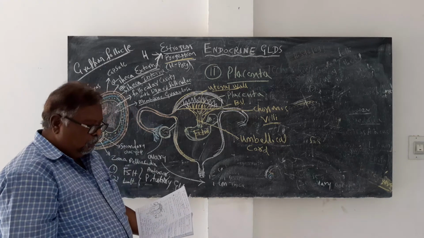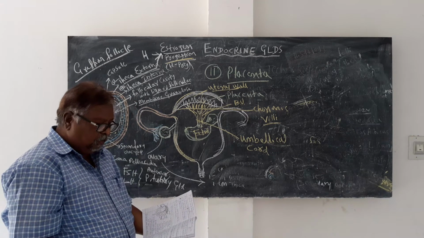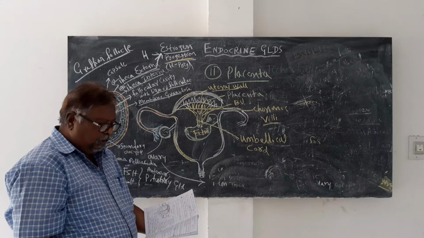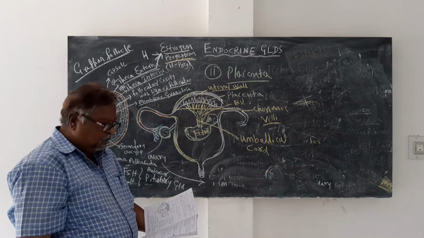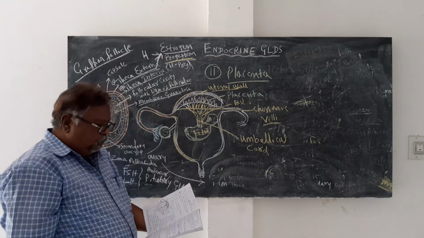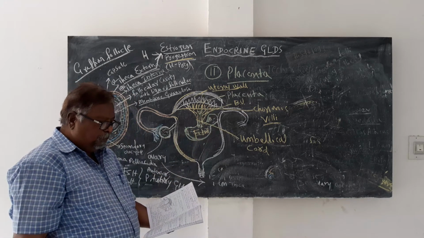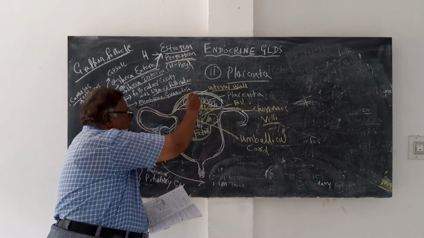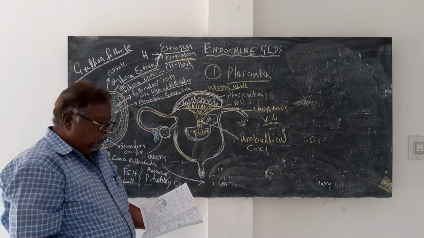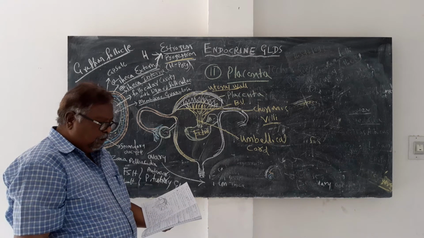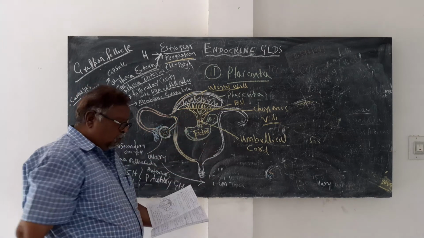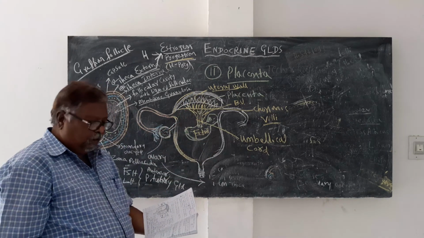All these make up the fetal placenta. Now coming to the maternal placenta, it consists of the uterine epithelium, uterine connective tissue and uterine capillary network.